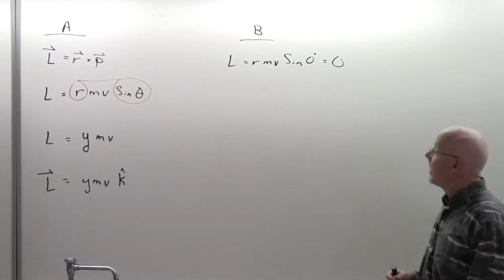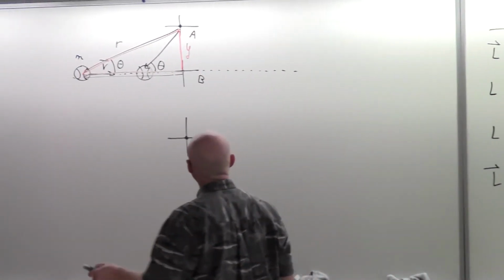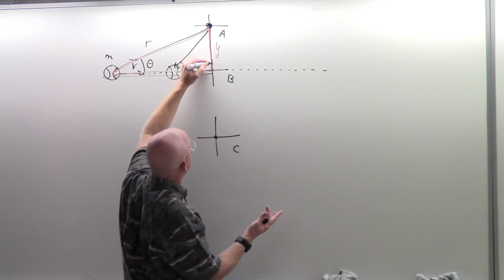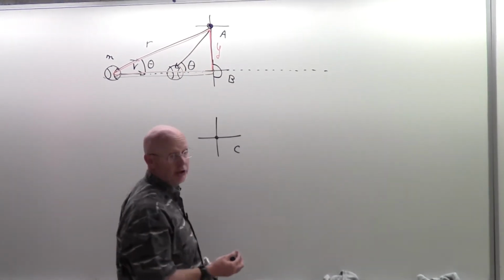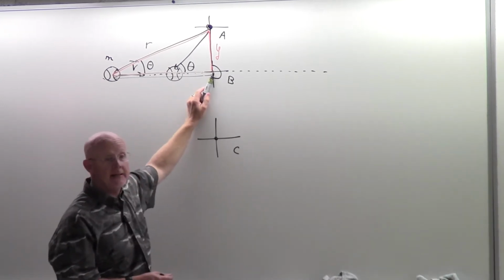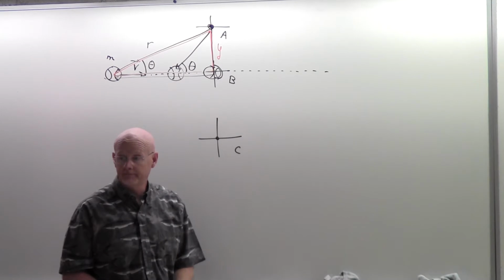In fact, I bet it wouldn't surprise you that if I had a plastic arm sticking down with a little catch here, and that ball came along and landed in that catch, what do you think it would do?